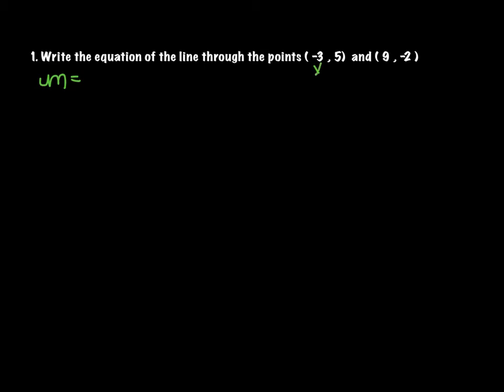So this is going to be my x1 and my y1. This is going to be my x2 and my y2. And the slope is going to equal the y2 minus the y1 over the x2 minus the x1. I have a double negative here, so the numerator is going to be -7, and the denominator is going to be 12. There's my slope.